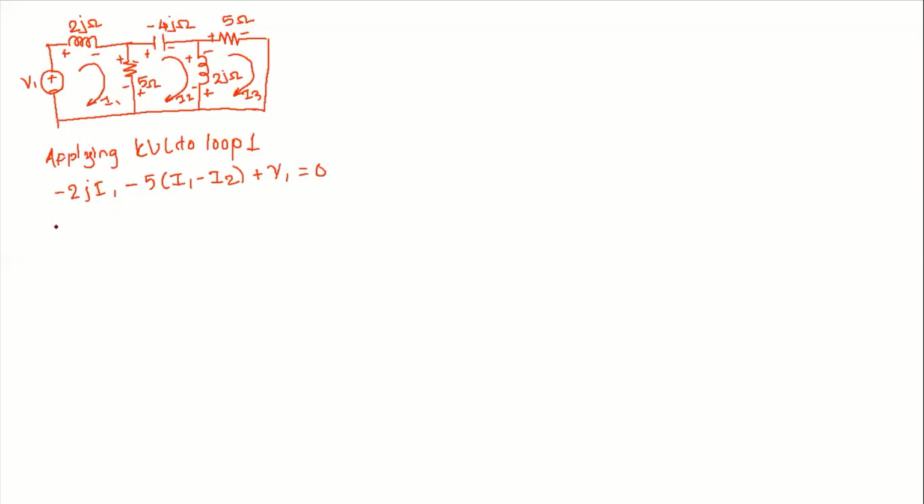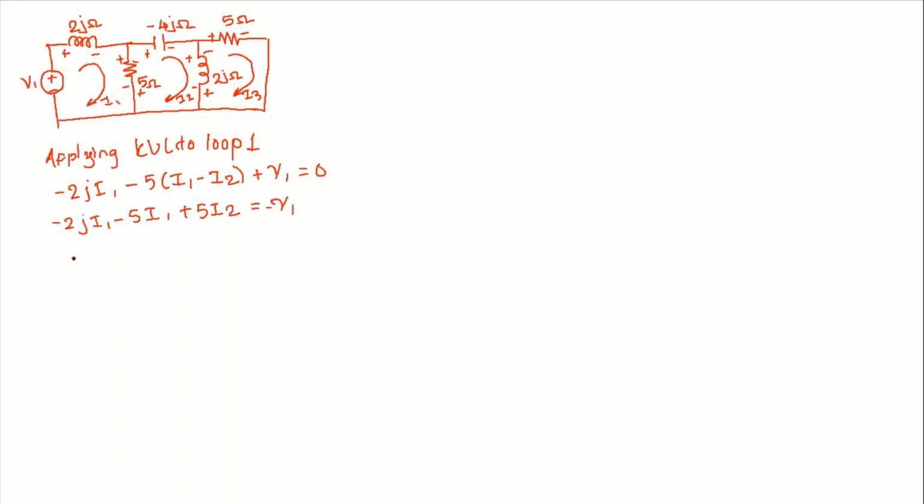Now equating those values: 2j I1 minus 5 I1, minus minus will be plus 5 I2, which is equal to minus V1.